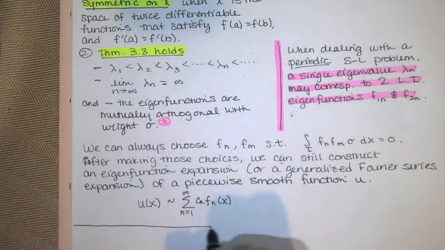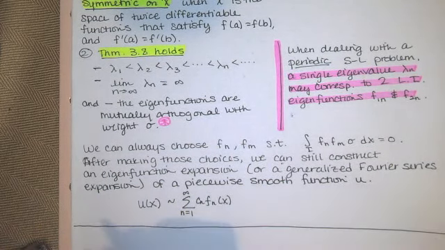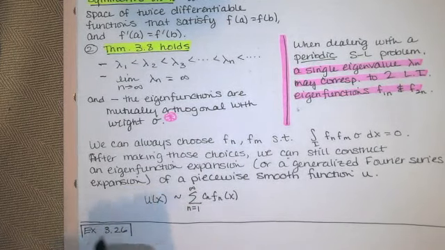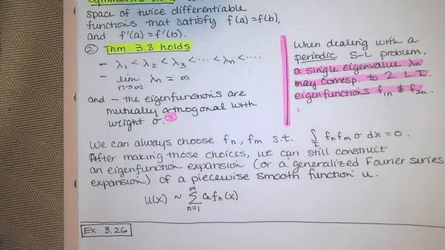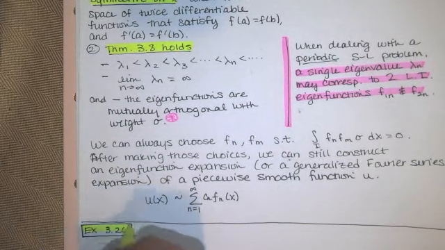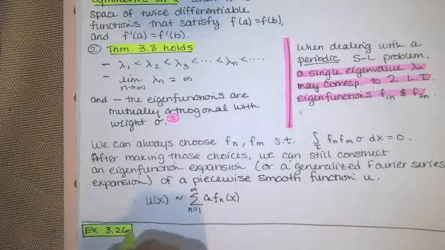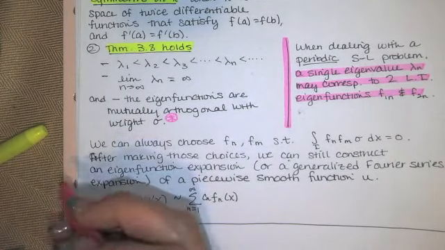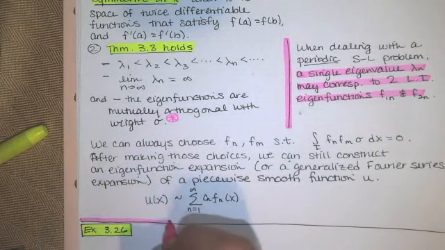Okay, so now let's actually solve this periodic problem. This is example 3.26 in the text. Now in the text, Dr. Constanda uses the Rayleigh quotient to rule out some values of the eigenvalues lambda sub n.